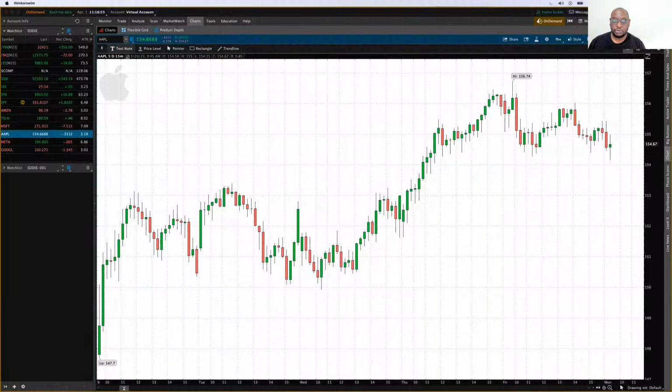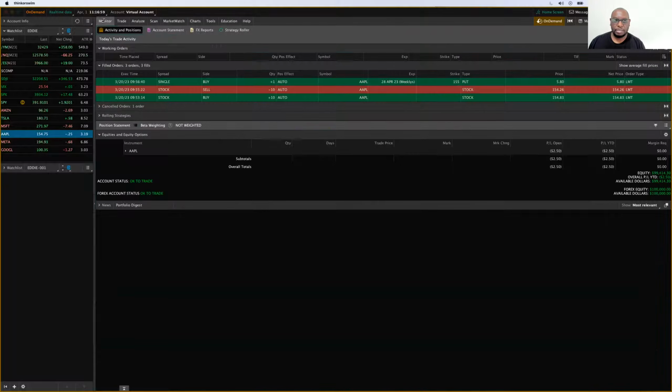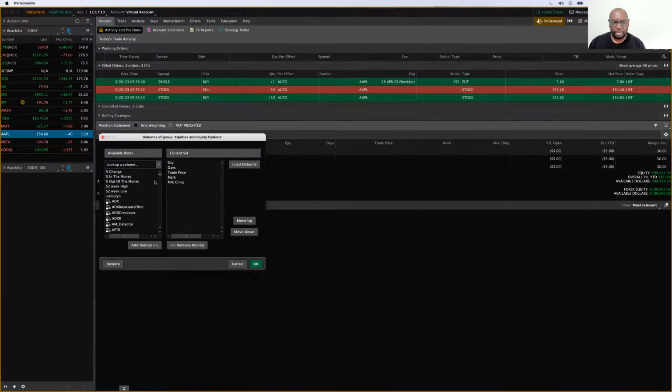The real way to figure out whether you're actually making money is to go back to the monitors tab and look at the equities and equity positions, and then you can see your PL open. PL stands for profit loss. I can fix this in another way and add another column called PL day. That tells me today's activity.